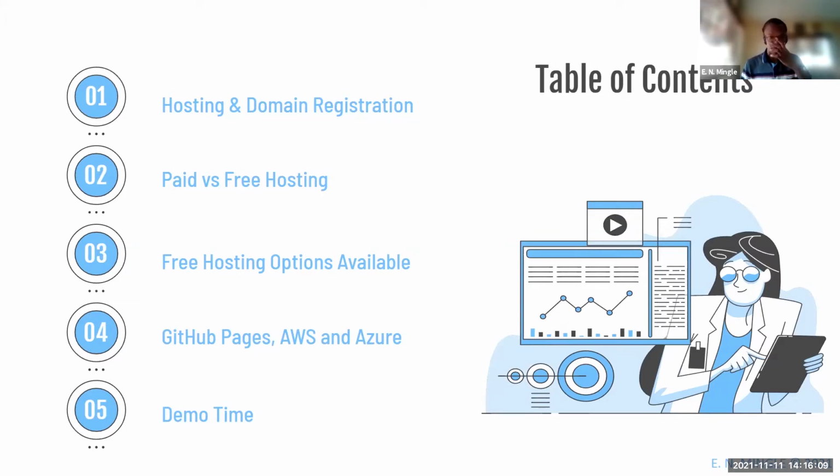Generally, GitHub Pages, AWS, and Azure could be considered free to some extent, and we'll look at those as well. Finally, we'll dive into the demo where we look at GitHub Pages, AWS, and Azure, and then we'll probably move on from there.